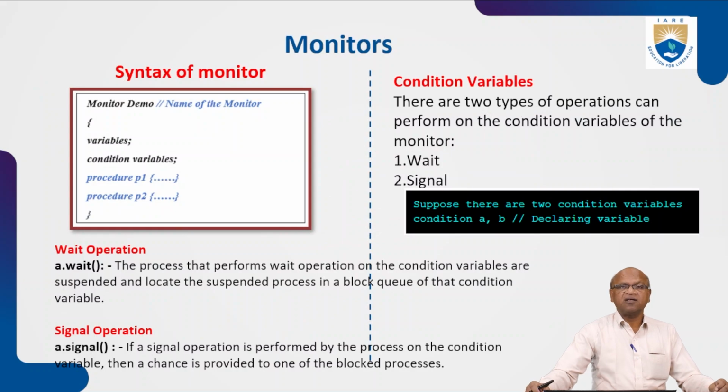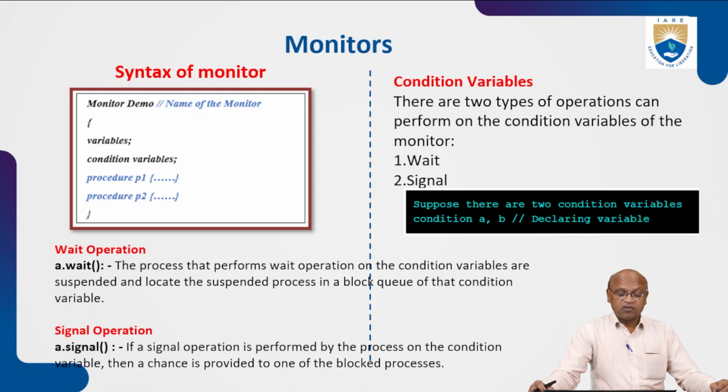If you look at this example, this is a program or package syntax for a monitor. This is the monitor demo: name of the monitor, variables, condition variables, procedure 1, procedure 2. It will have two operations, A dot wait and A dot signal. The process that performs the wait operation on the condition variable is suspended and placed in a blocked queue of that condition variable.